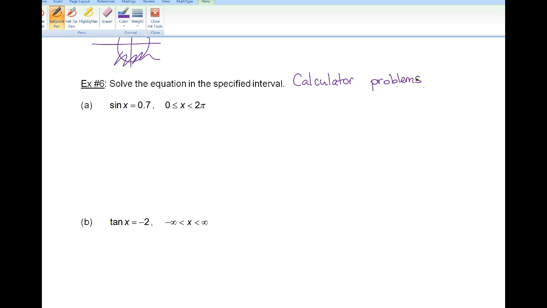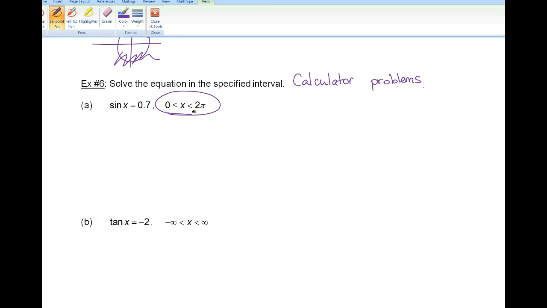All right, this one's a little bit different because I have a domain of the entire unit circle, basically. So it's not just going to be one answer, it could be more. It will be two answers.